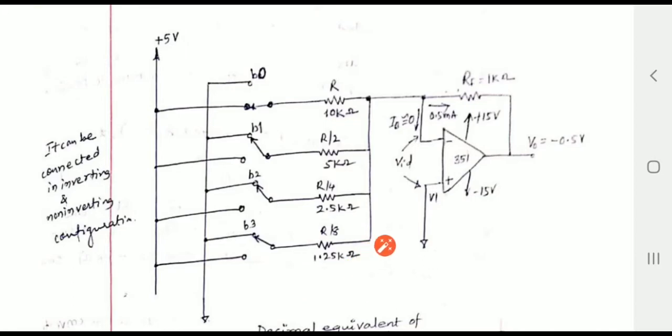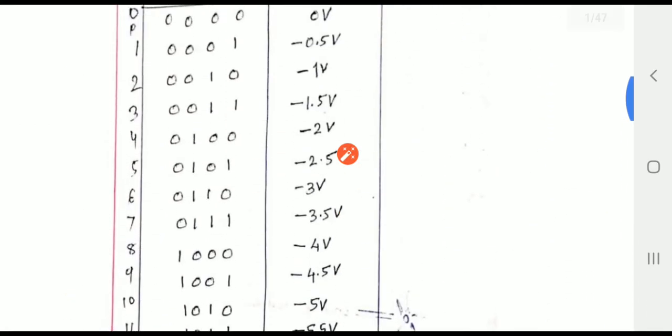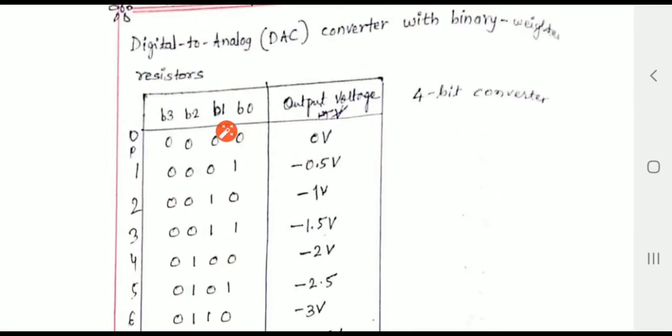The next important thing is the selection of resistors. These are all the input resistors. If I choose the input resistor for input B0 as R, then the input resistor for B1 will be R by 2 because of the B1 position. Here the B1 position is first, so its value is 2 raised to 1, which is 2.